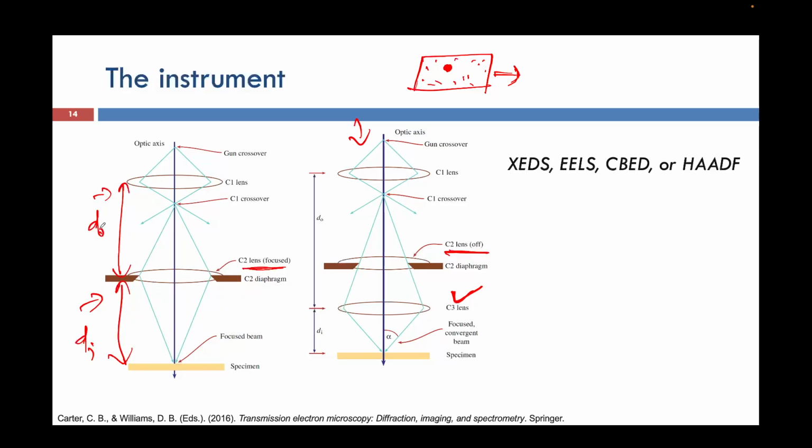But when I am putting this lens, I am not using this condenser lens, rather I am using a CO lens, condenser objective lens, the upper part of which is considered as the C3 lens and the lower part of which is considered as the objective lens. When I am using this kind of CO system, what is the case? My DI is getting low.